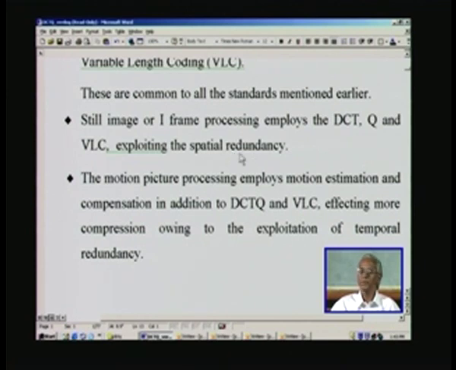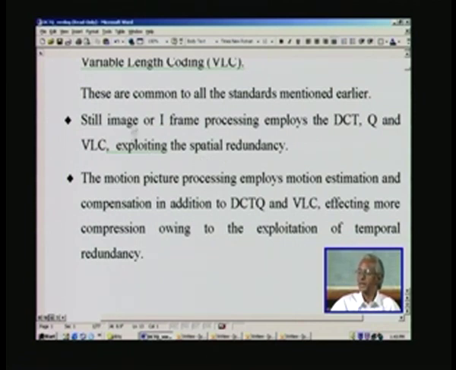Thereby we bring about the compression. So this DCTQ VLC all put together accomplishes this task of spotting redundancy in the spatial domain of the picture, removing the redundancy and retaining only that which is required as far as the information is concerned.